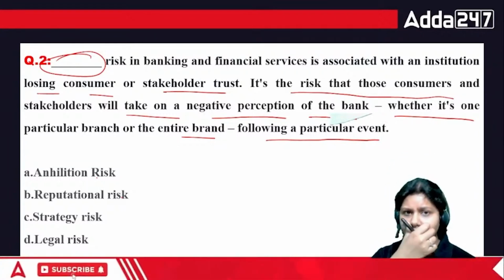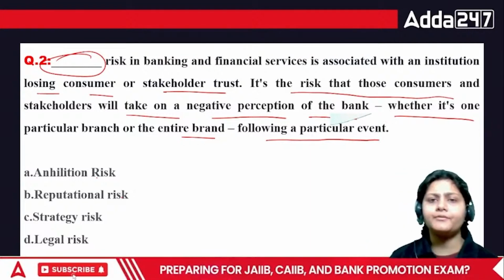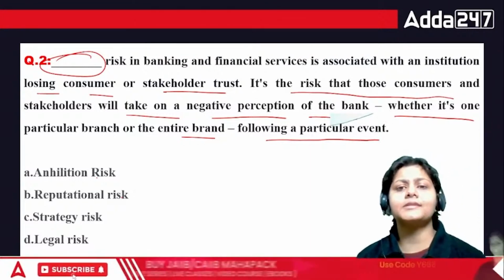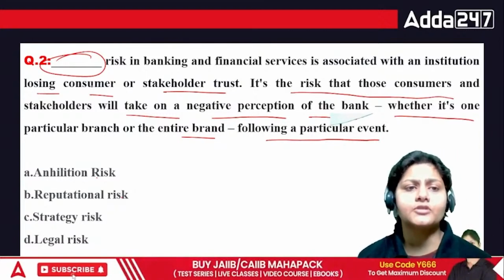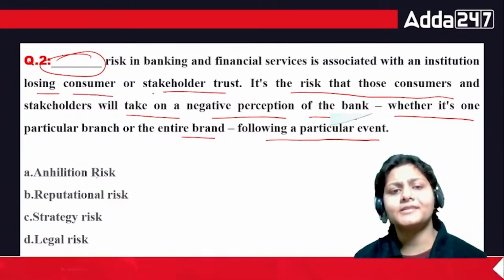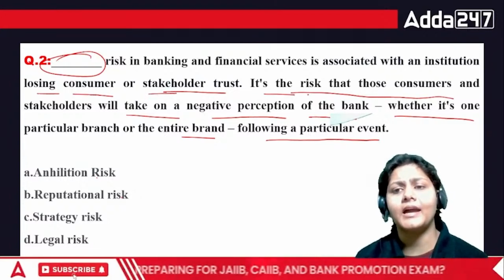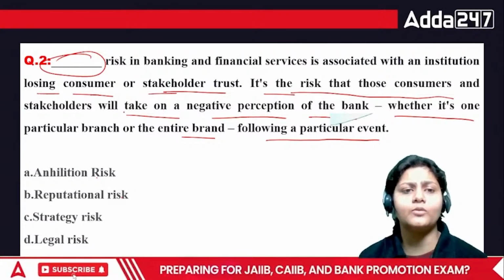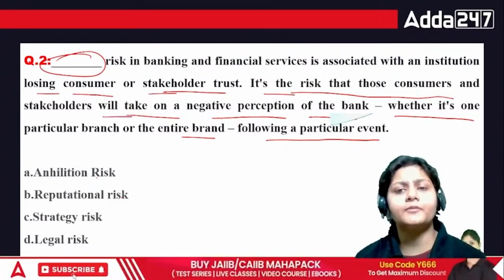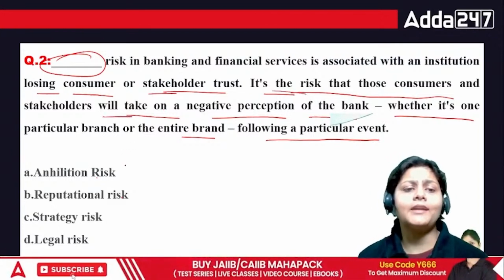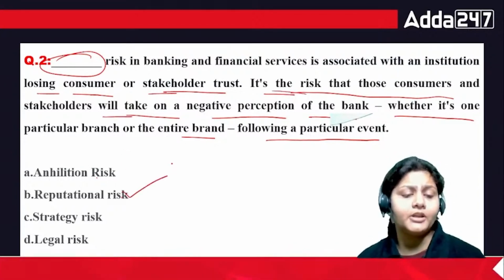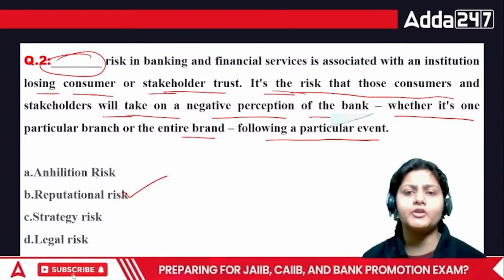We are talking about the risk in banking and financial services which is associated with an institution losing consumer or stakeholder trust. It is the risk that consumers and stakeholders will take on a negative perception of the bank. That means we are talking about reputational risk here. What is the meaning of reputational risk?